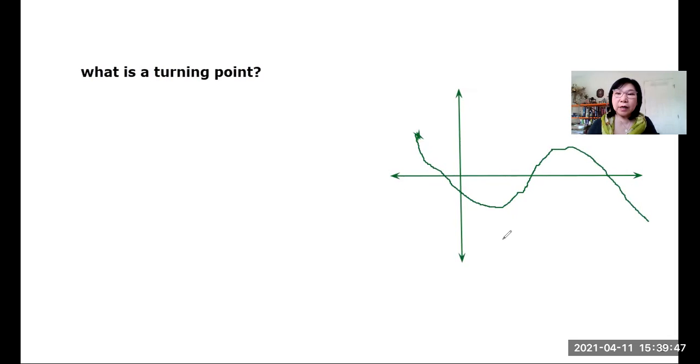How do we identify the turning points? Now, if you have a function like this, we call it concave up, right? And if you have a function like this, you call it concave down. So let me write this: this is concave up, and this form we call concave down.